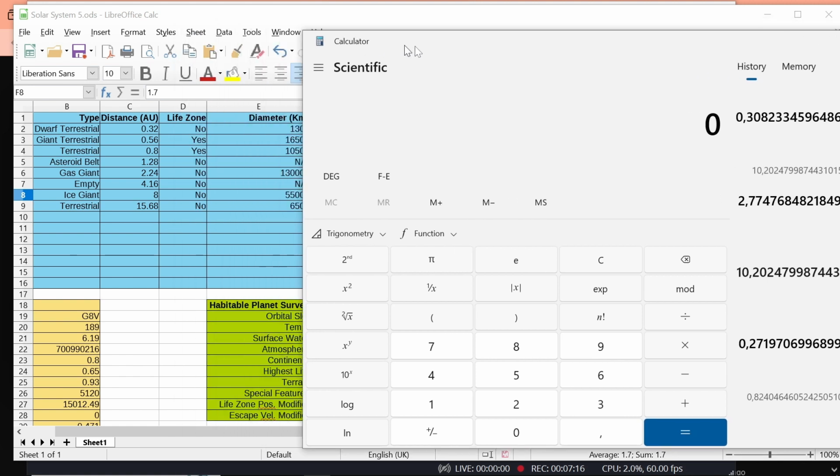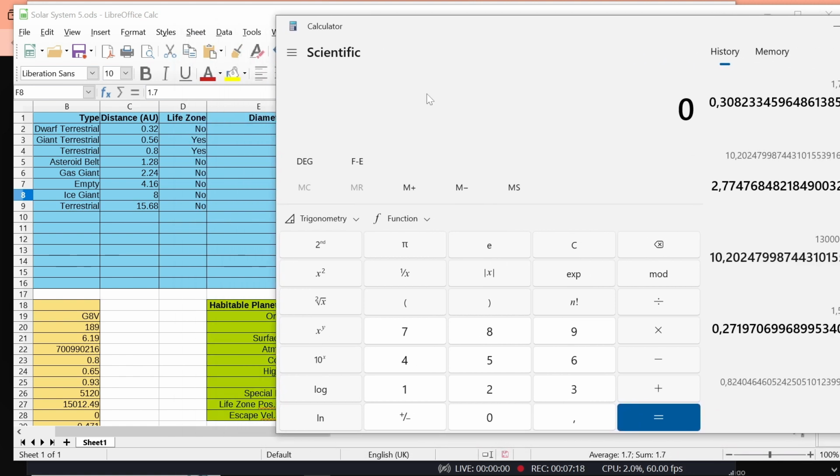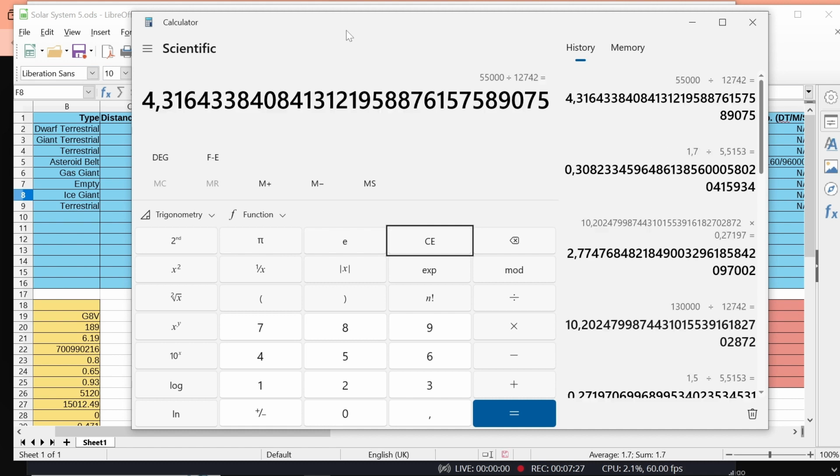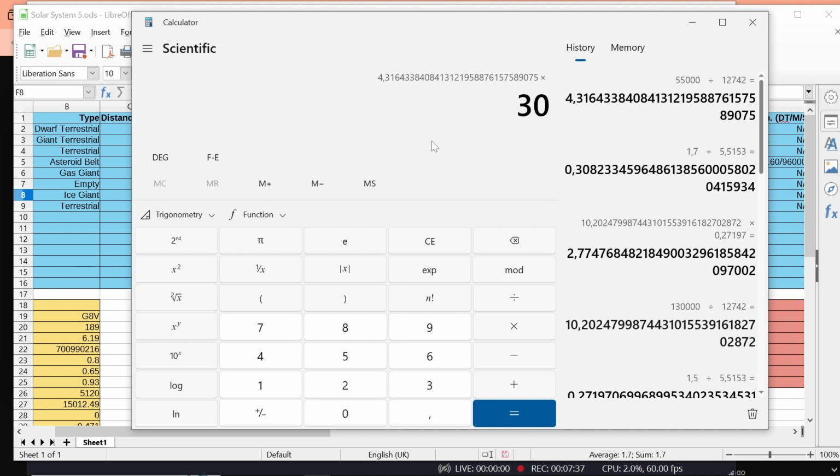Diameter, 55,000. 55,000 divided by 12,742 equals 4.3, multiplied by the result of our last calculation, 0.308233.